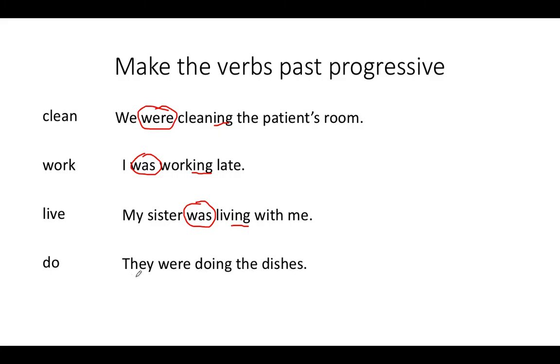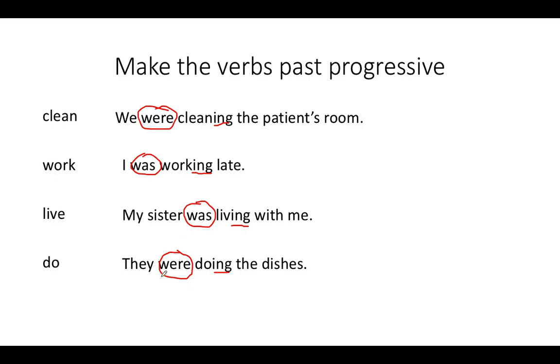Do. They were doing the dishes. You need to add was or were. And again, it's going to be was if you're talking about another person and there's only one of them, or if you're talking about yourself, like I was.